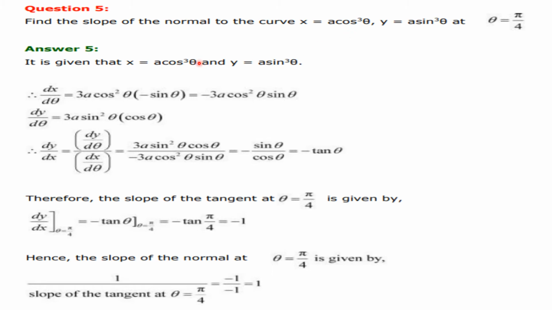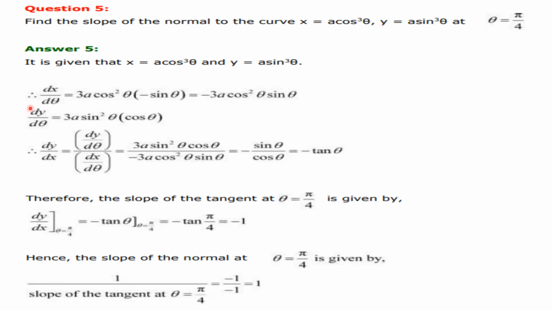So we have to find dx by d theta and dy by d theta separately. You know parametric differentiation. In that exercise we have found dy by dx. First we find dx by d theta, and after that dy by d theta. Then dy by dx is equal to dy by d theta divided by dx by d theta. Understood these steps?